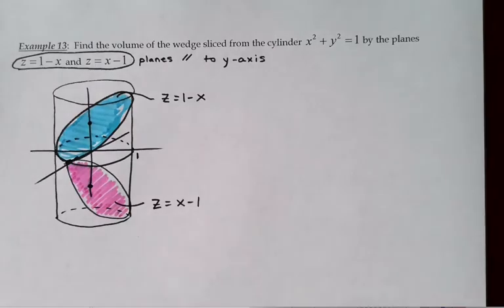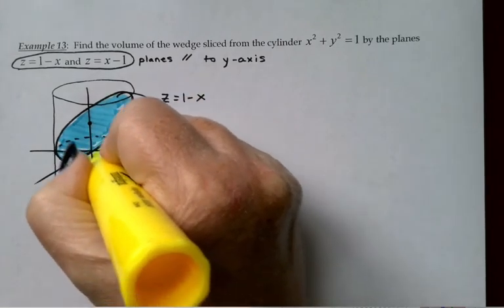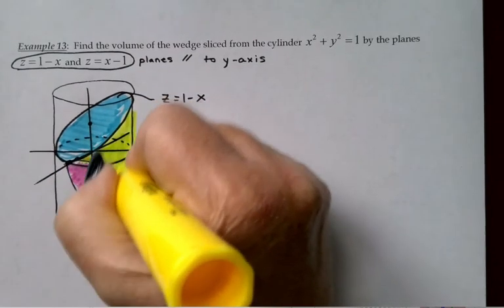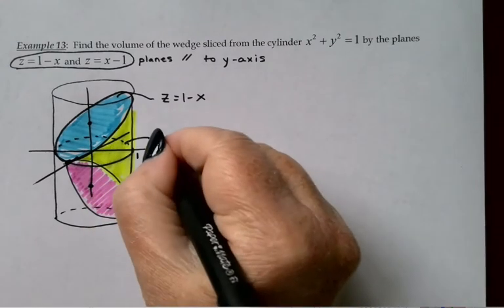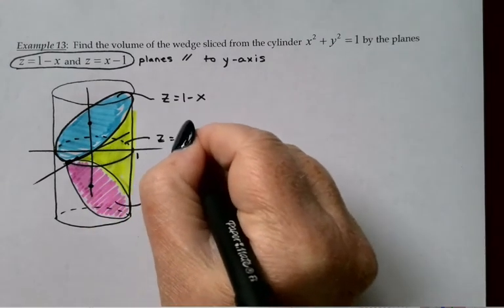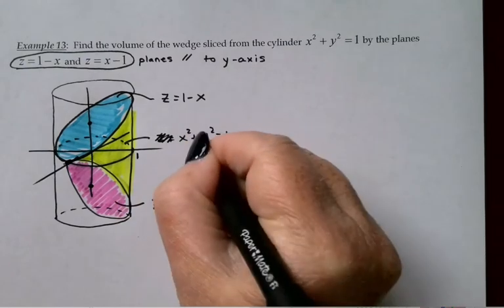And then the cylinder itself is kind of like the sidewall. So again, it's almost like a Pac-Man bite that's been taken out of this cylinder. Oops, that's not even a z equals. That's just an x squared plus y squared equals 1.